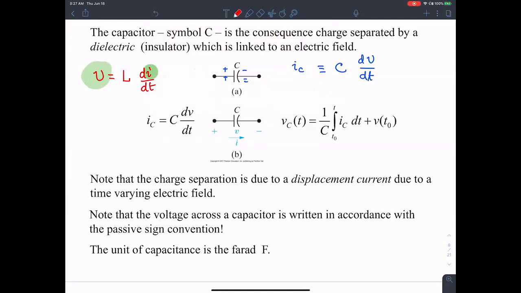Here, the other way around, the displacement current around a capacitance is proportional to the rate of change of voltage across its terminals. Okay, and we can express the VC, the voltage across a capacitance, in terms of the current across its terminals.